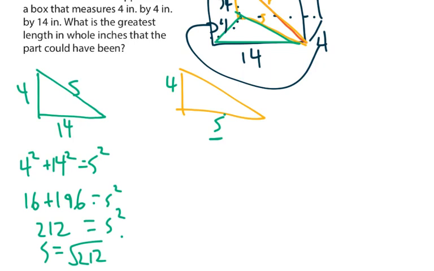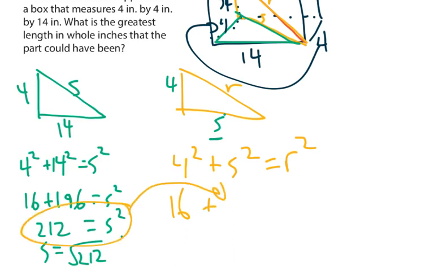Because with the yellow triangle, we'll go 4 squared plus S squared is equal to R squared. And so we'll have 16 plus, and then here we'll just take S squared, plug it in right there, 212. So add 16 to that, and that's all equal to R squared. So R squared is equal to 228.